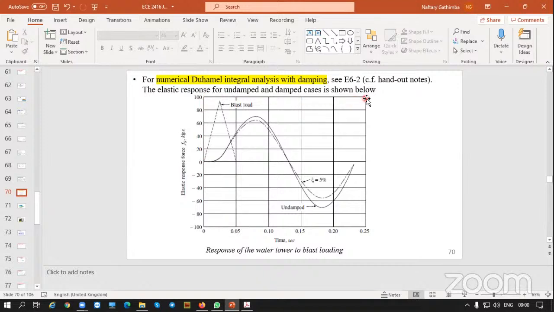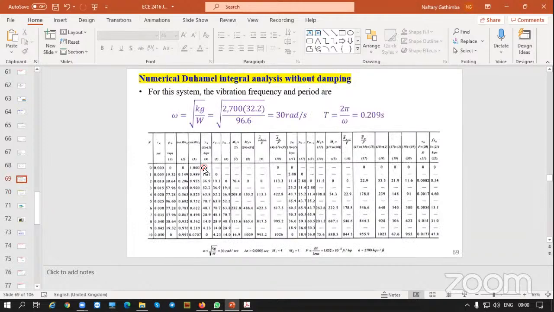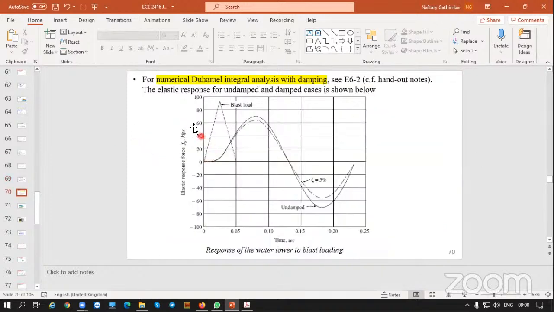So you're just plotting TN, the second column, and the FSN, the last column. So it's the FSN plot versus TN. So this is the FSN.